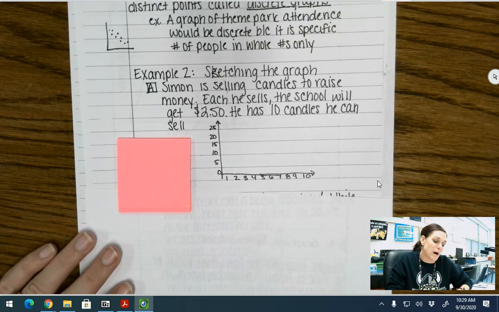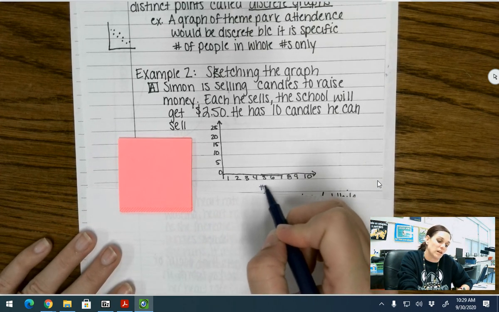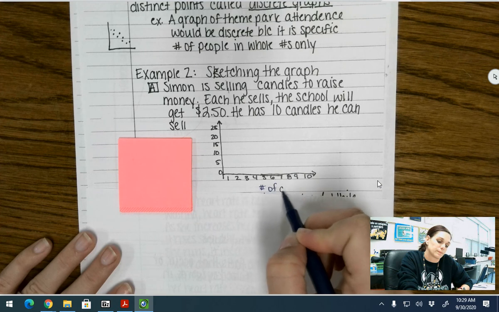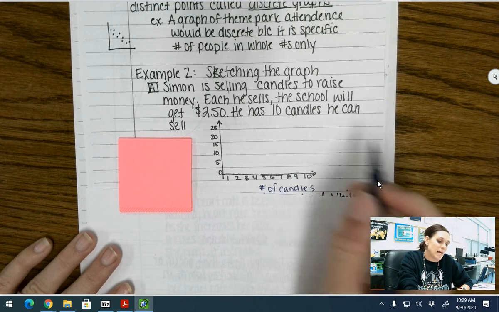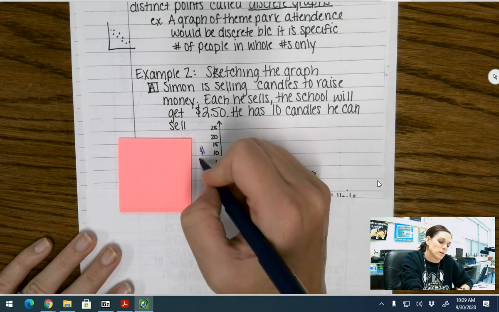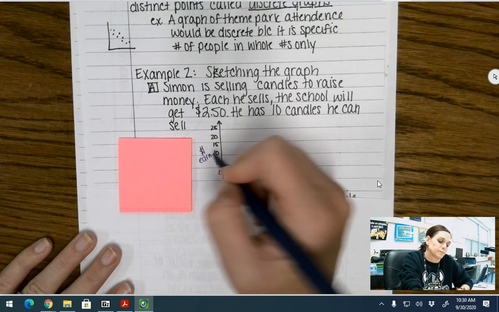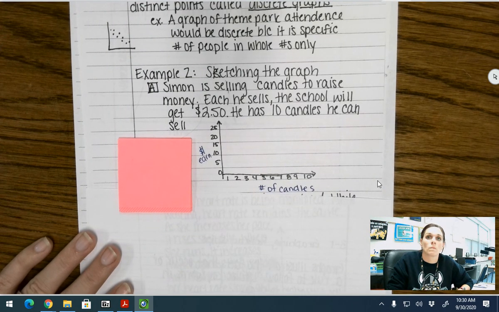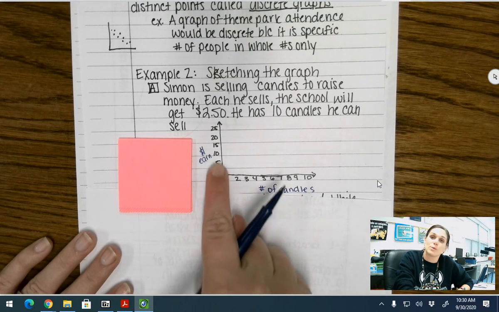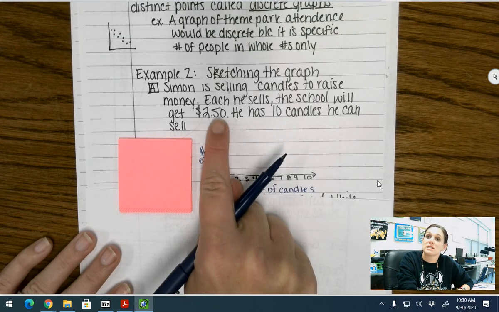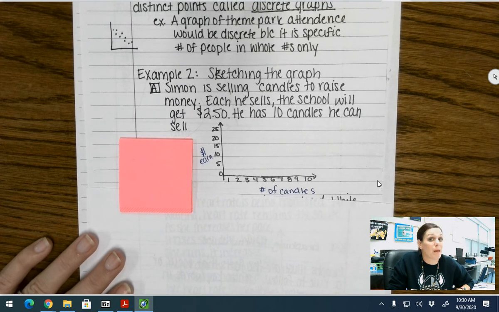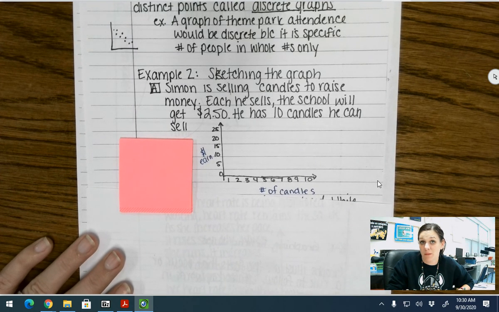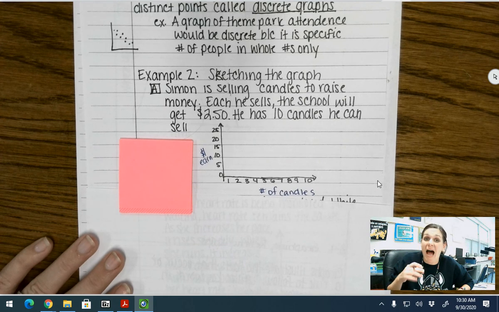So this bottom would be the number of candles. And the y-axis would then be money earned. Now notice I'm counting by fives, and this is 50 cents. Okay, so understand that maybe I don't want to graph 1 candle to begin with because I'm dealing with halves data. I can go to 2 knowing that it's going to be a whole number.